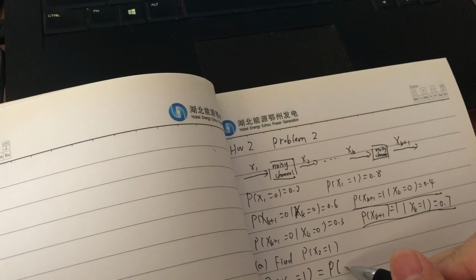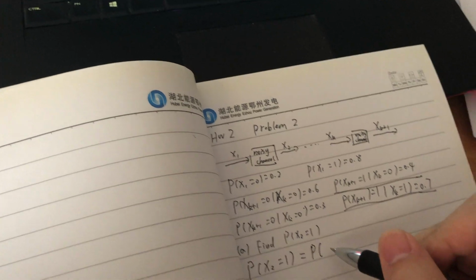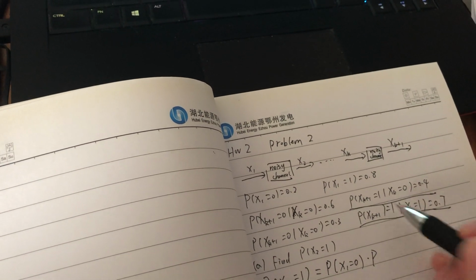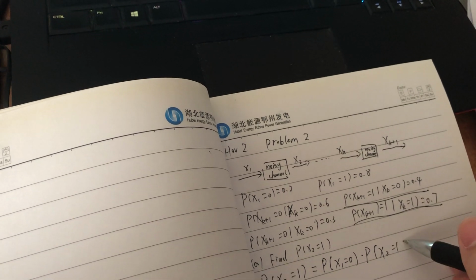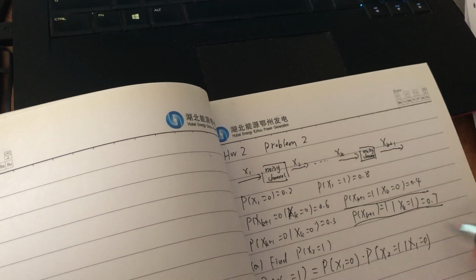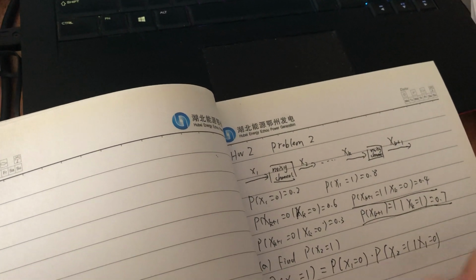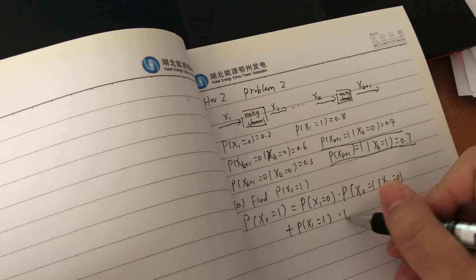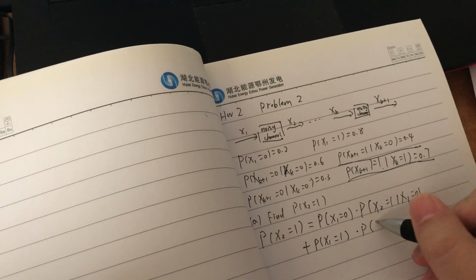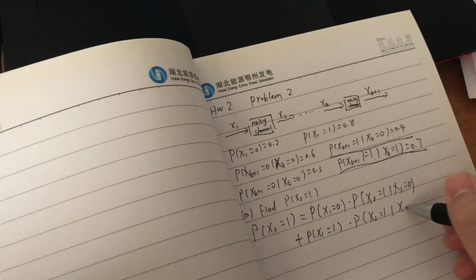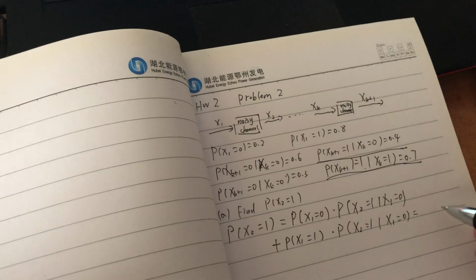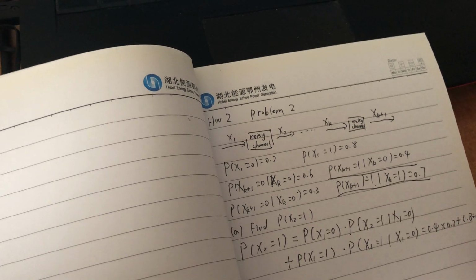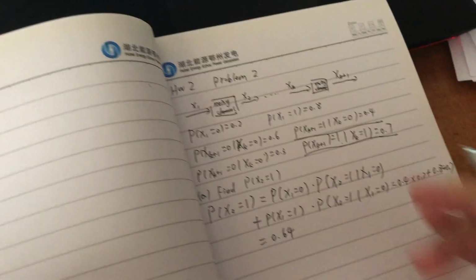The probability, if the first signal is 0, so x1 is 0, and we use this one, the x2 is 1 where x1 is 0, and we have the other situation, if the first one is 1, we can use this one, and we can calculate, plug in the number, and the answer is 0.64.